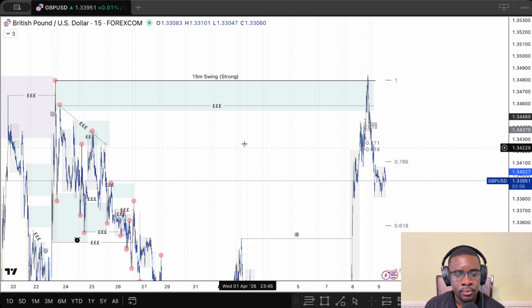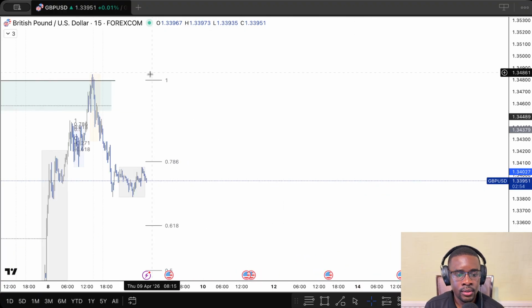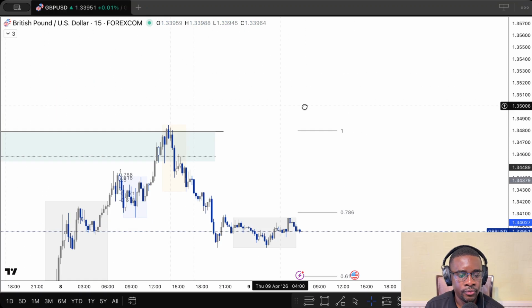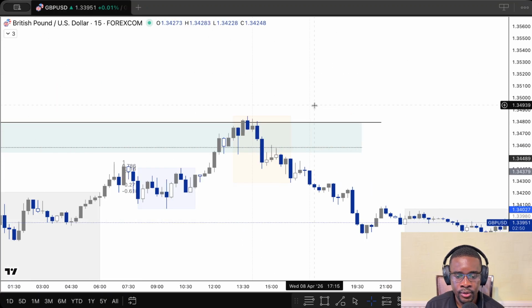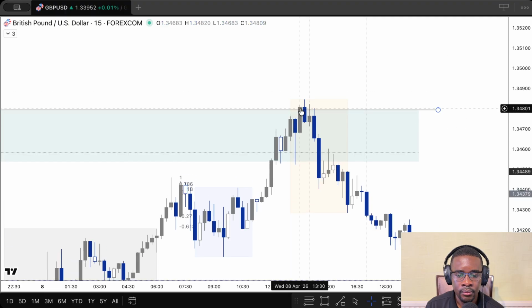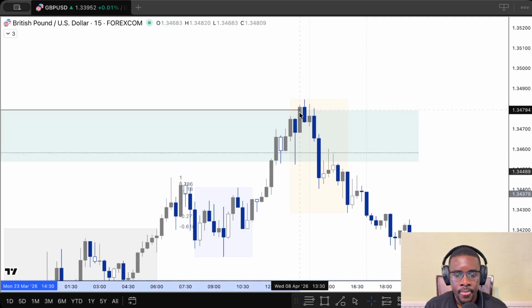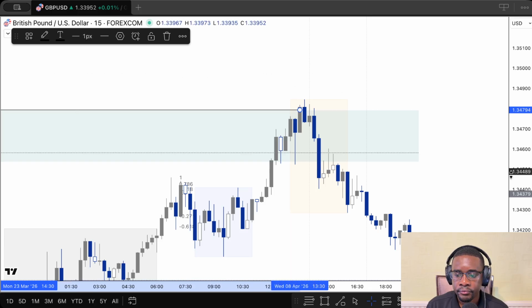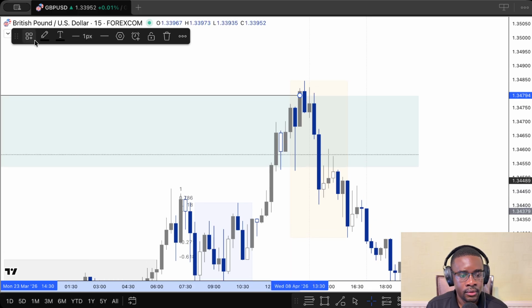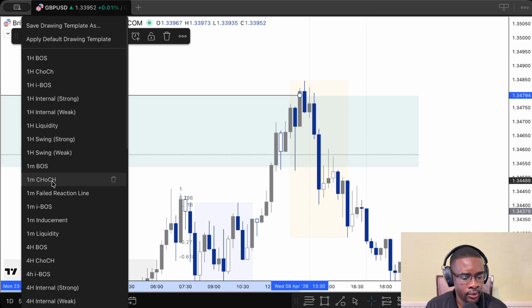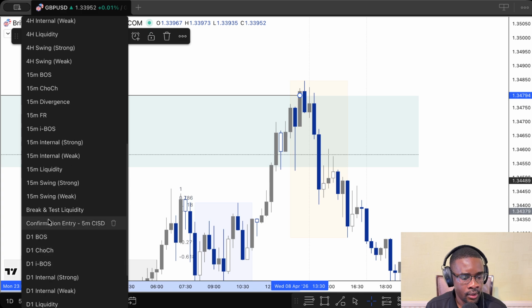So looking at the top, 15-minute swing, price on 15-minute, we had a break of structure. Okay, we had a break of structure. This is being mechanical, so we had a break of structure, 15M.